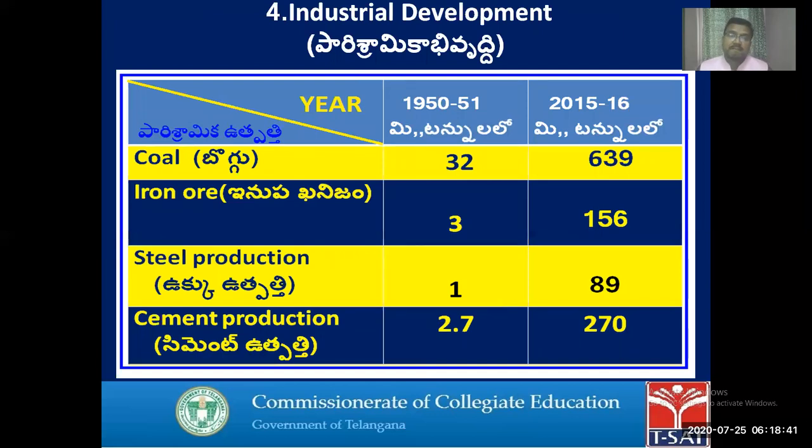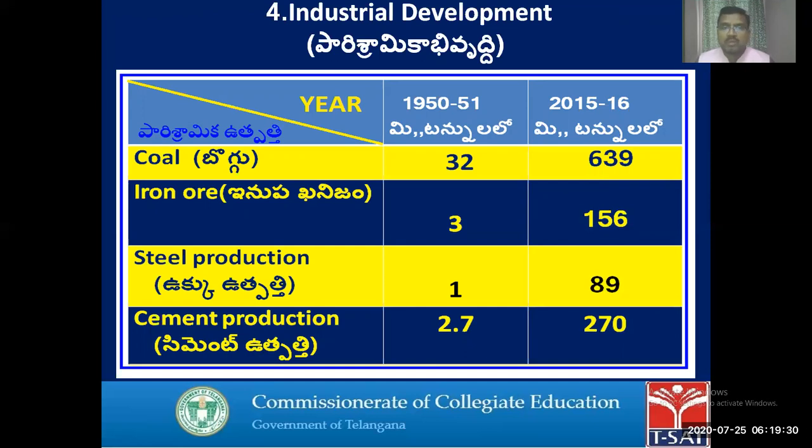And next we can see industrial development. Industrial development occurred sector-wise and expanded its base. You can see some of the sectors here. Coal was just 32 million tons in the year 1950-51, but by the year 2015-16, coal production increased to 639 million tons.